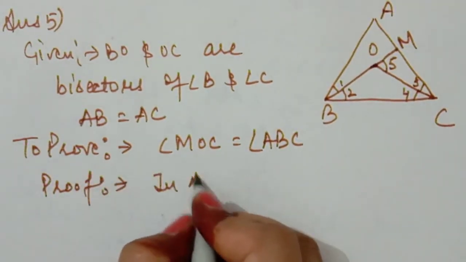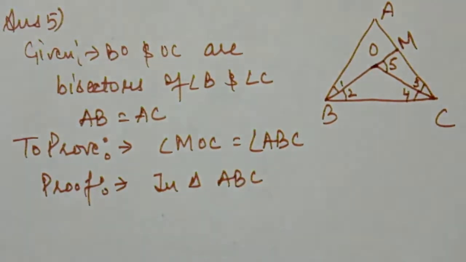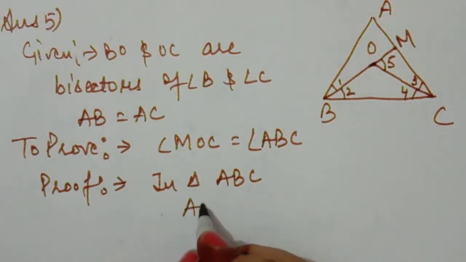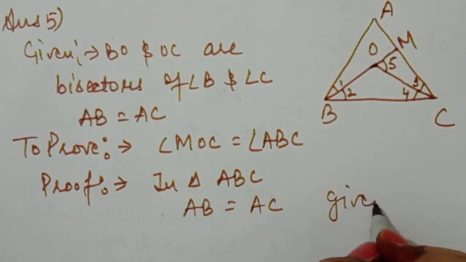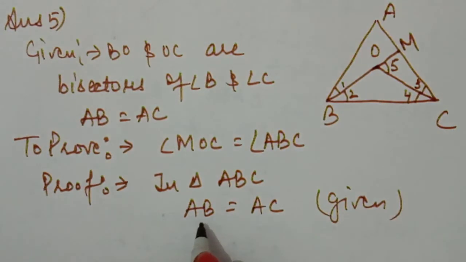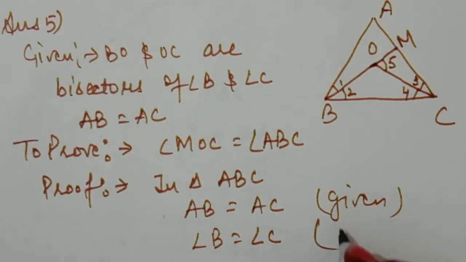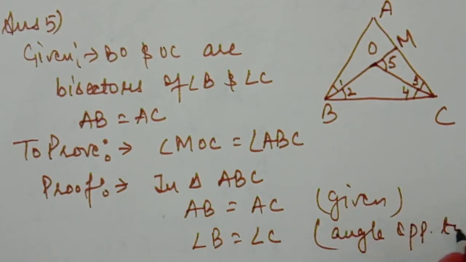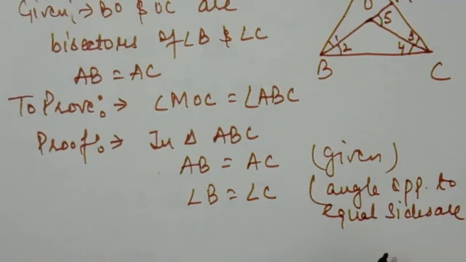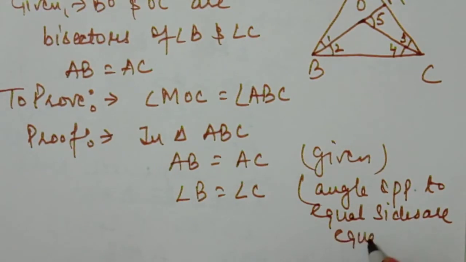In triangle ABC, side AB is equal to AC, it is given. So the opposite angles of these two sides are also equal to each other: angle B is equal to angle C. Reason: angles opposite to equal sides are equal.